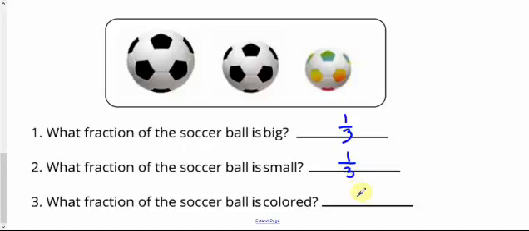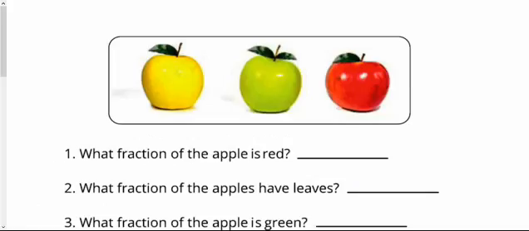What about colored? I have 1 colored, so it's 1 out of 3. What about red apples? I have 1 red, 1 out of 3.